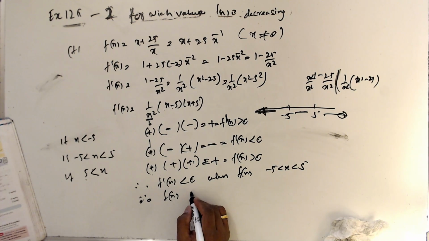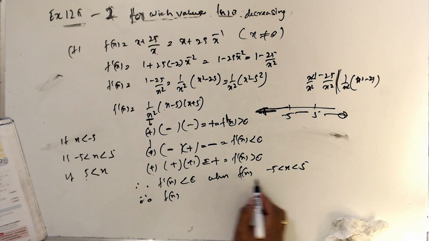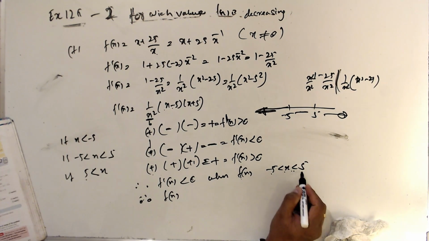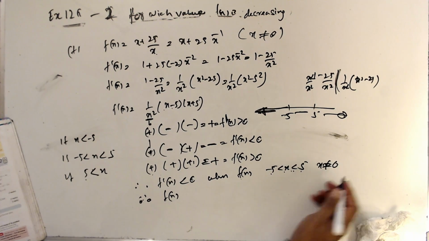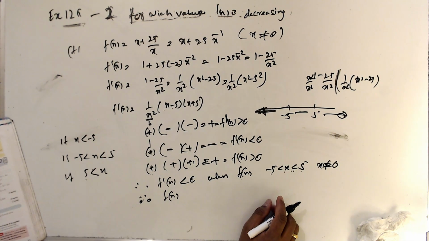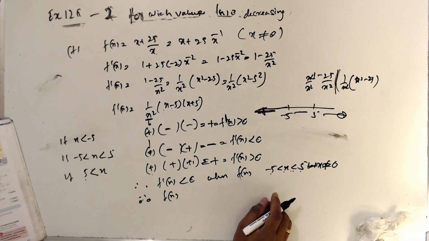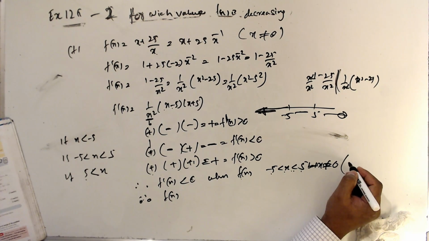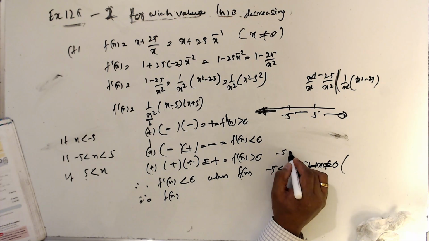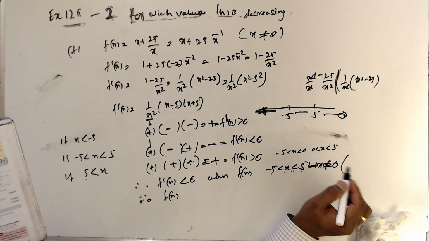Hence f dash x is less than 0 when x is between minus 5 and 5 but x not equal to 0, or you can write it as two intervals: minus 5 less than x less than 0, and 0 less than x less than 5.